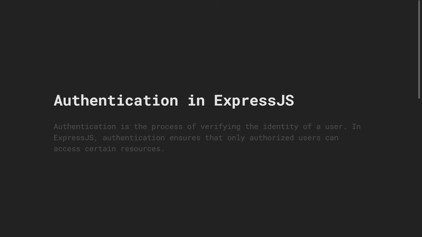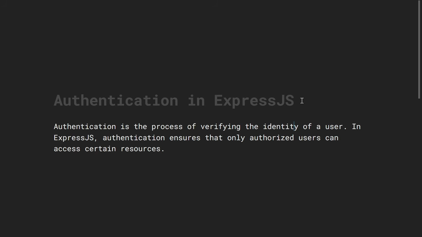Now we will learn authentication in Express.js. Authentication is the process of verifying the identity of a user. In Express.js, authentication ensures that only authorized users can access certain resources. To implement user authentication in Express.js, we have two methods.